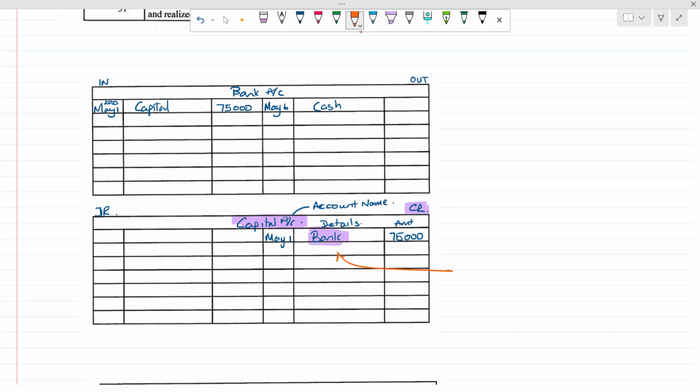The bank account. That's where the money is coming from. But shouldn't the bank be debited? So why is it not on the debit side? So this one here is which account? Bank account. Right. And what side are we writing on here? The debit side. Right.